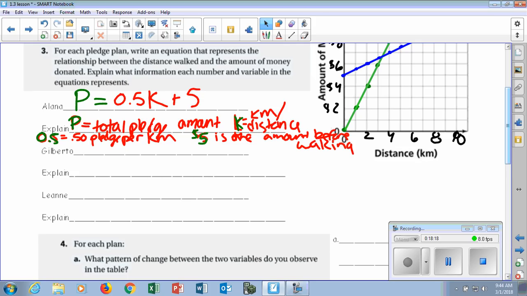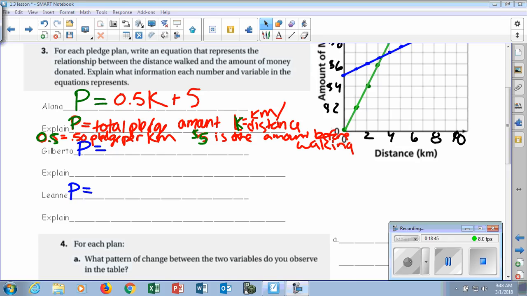Give me my equations and then explain what each portion of it means. You're going to be using P's for pledge and K's for kilometers or distance, like we did in the first one. So I'll tell you that Gilberto is P equals. Same with Leanne, where I'll have P equals something. So with your face partners, what about like 4 minutes sound okay to work on this? All right.